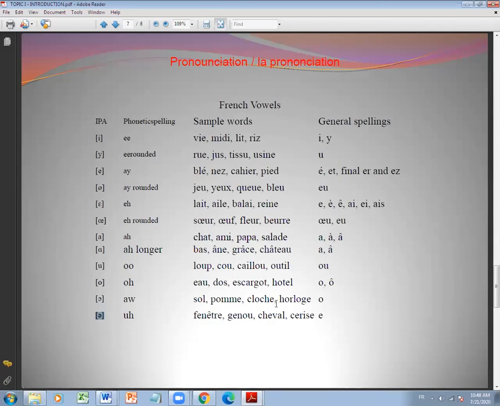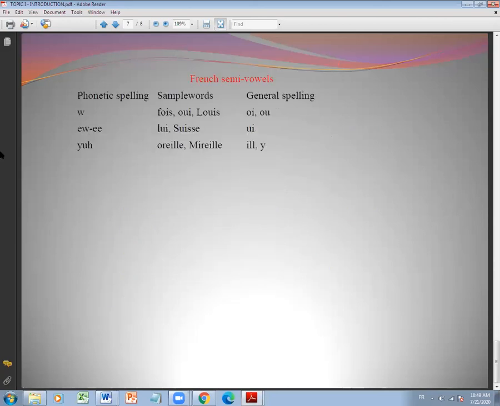Cheval is the horse. Then we have cerise. Cerise is, I think there's a fruit called cherry. Do you know it? Yes, cerise. So basically, through practice, I believe that it will come to pass.